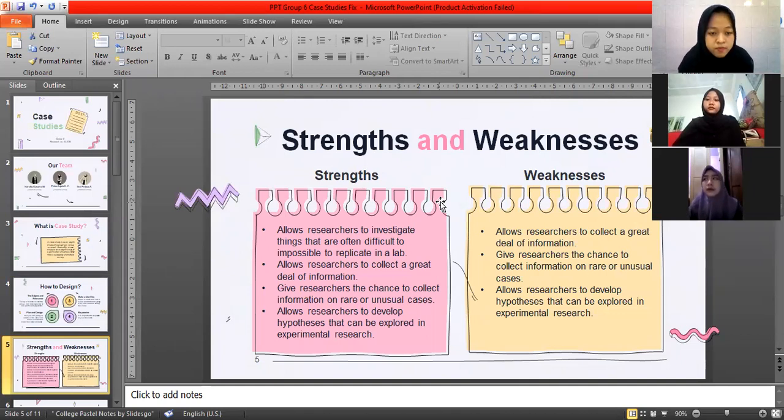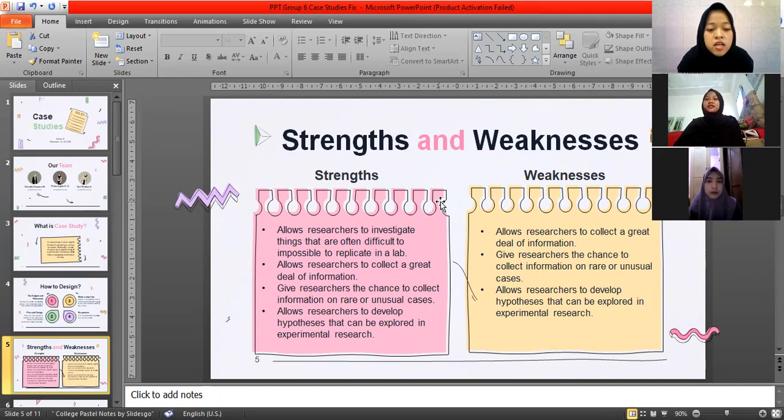Number 1 is case study allows researchers to investigate things that are often difficult to impossible to replicate in a lab. And then number 2, case studies allow researchers to collect a great deal of information.